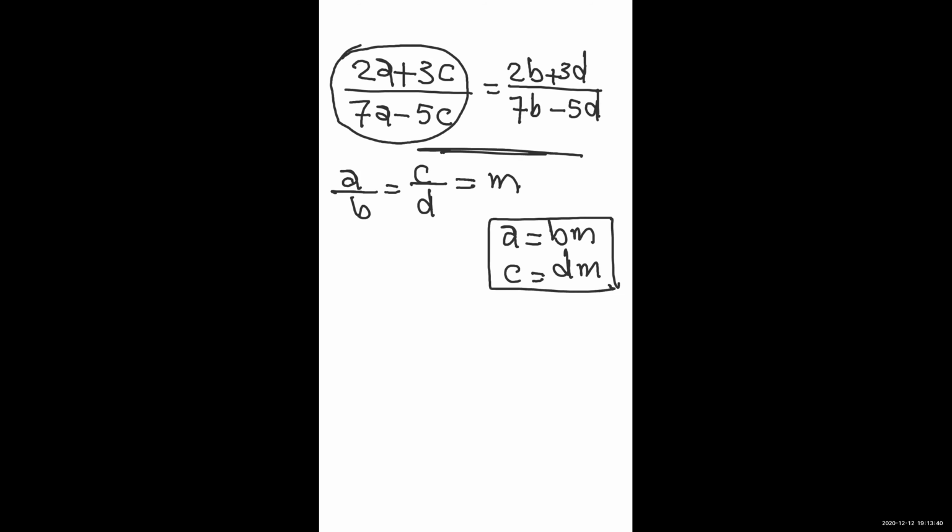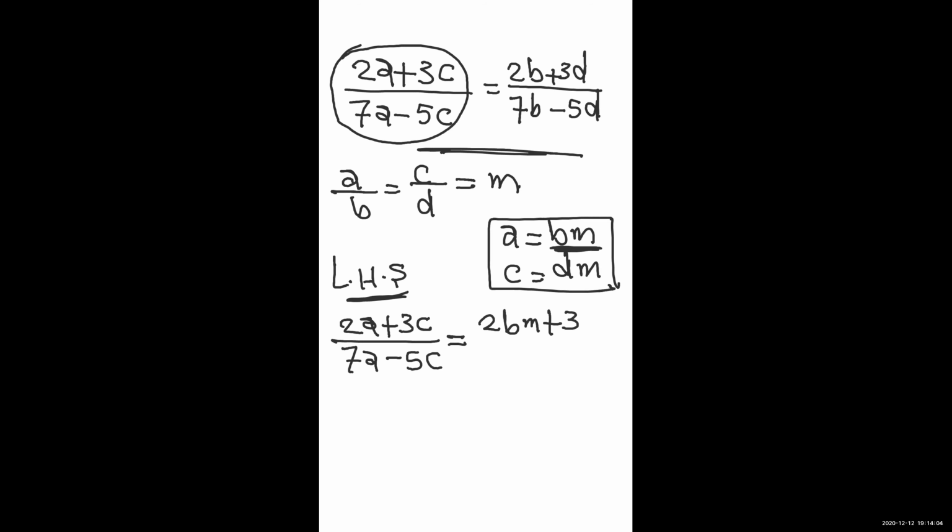So 2A plus 3C over 7A minus 5C will equal, now 2A means 2 times A, which is BM, so 2BM, plus 3C, so 3 times C, which is DM, so 3DM, over 7A, which is 7BM, minus 5C, which is 5DM. Okay, now it equals 2BM plus 3DM over 7BM minus 5DM.